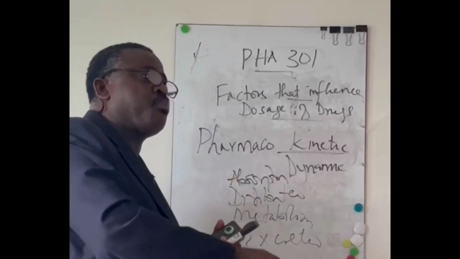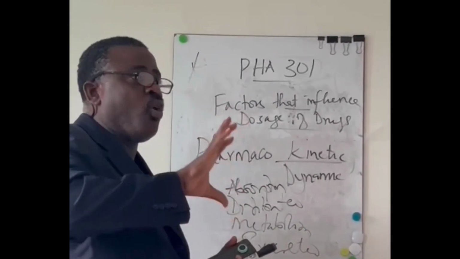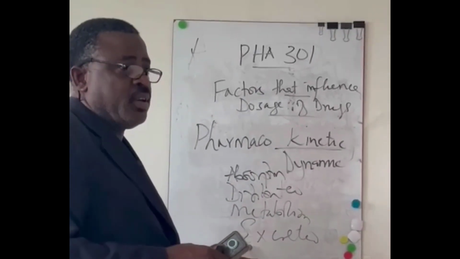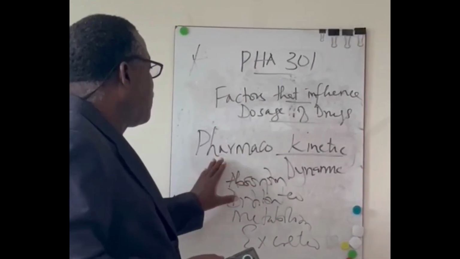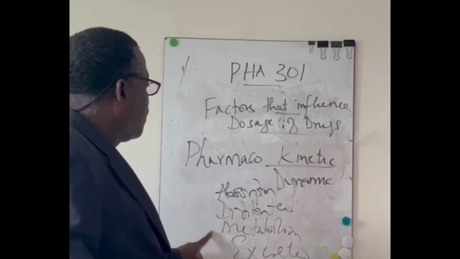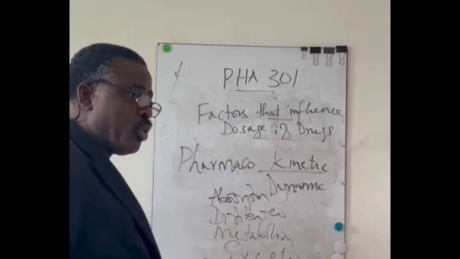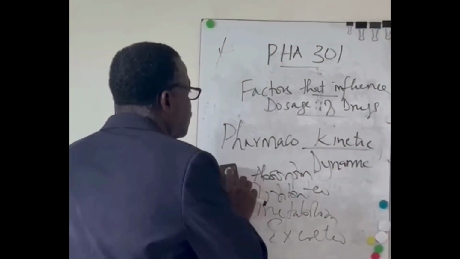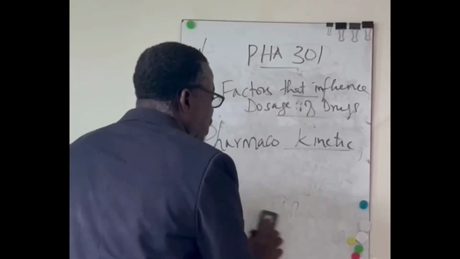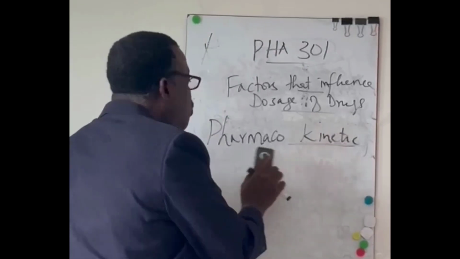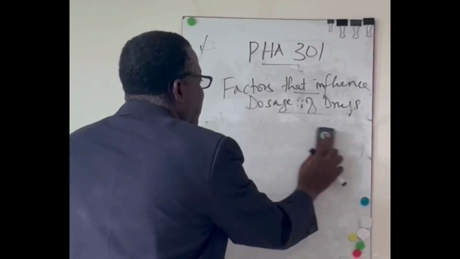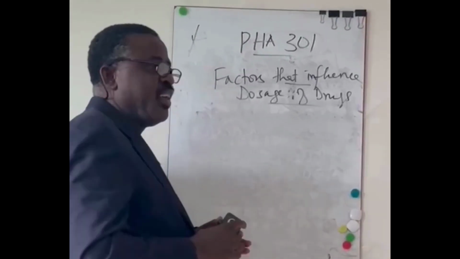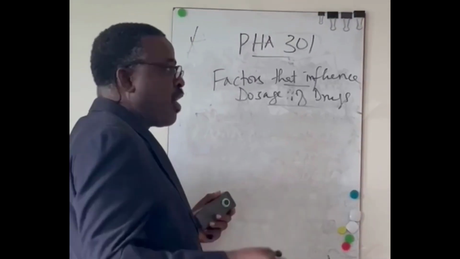We extract the toxic part of that drug for excretion, and excretion is mainly by the kidney. So when you are talking of pharmacokinetics, these are the things you are talking about, and they are very simple. If you can discuss digestion of food, you will know that the drug you take follows the same process and pattern.